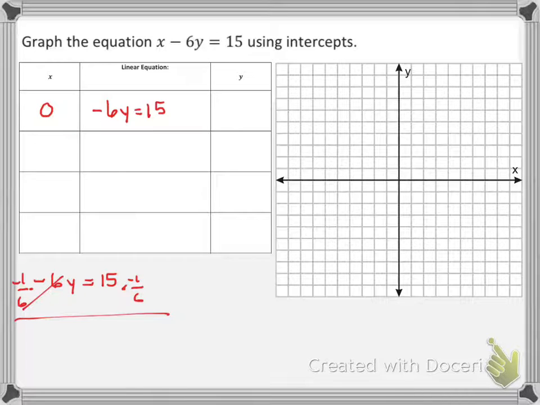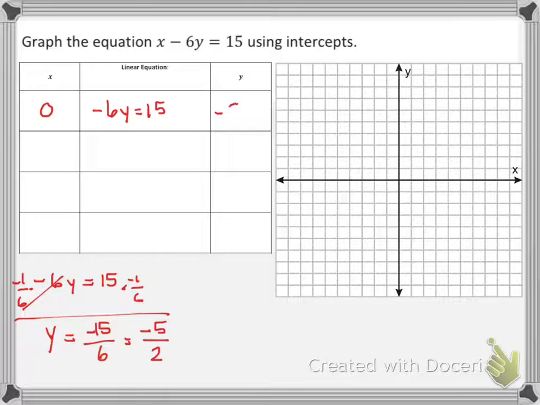The 6 is canceled. Negative times negative is a positive y. And that is equal to negative 15 over 6. And both those numbers can be divided by 3. So this is a negative 5. 6 divided by 3 is 2. Negative 5 halves, or negative 2 and 1/2.